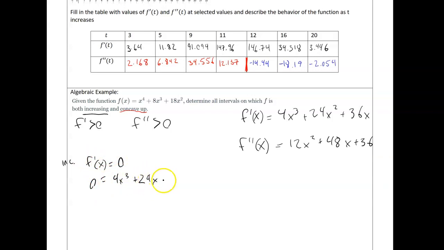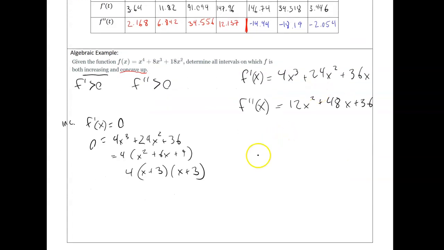That means 0 should equal 4x to the third plus 24x plus 36. And then I solve by factoring. And this ends up being 4 times (x plus 3) times (x plus 3). So this is kind of an interesting case because we get only 1 zero, and that's x equals negative 3.